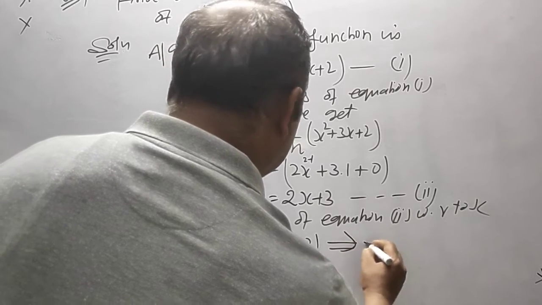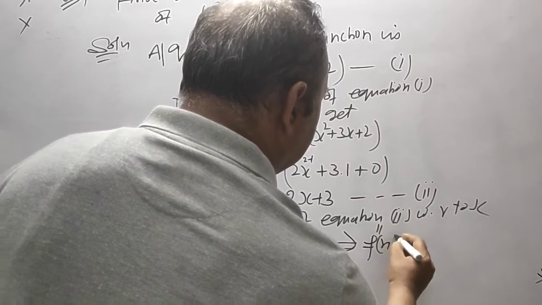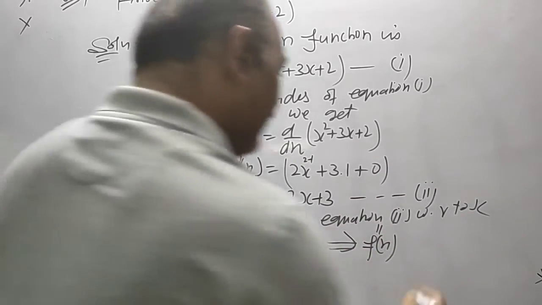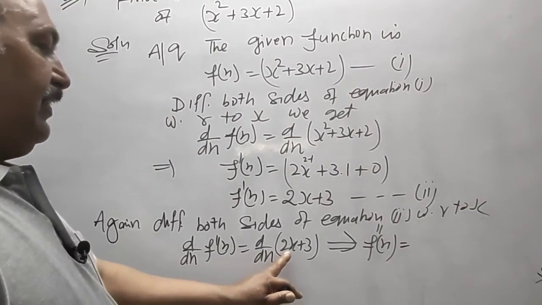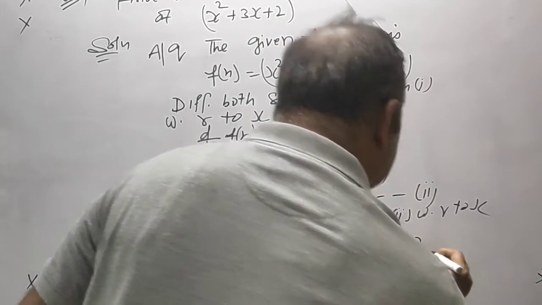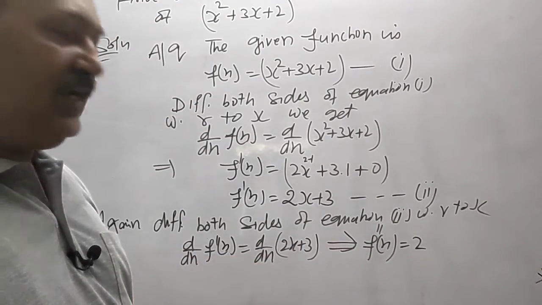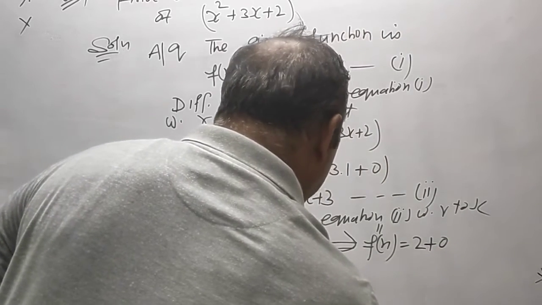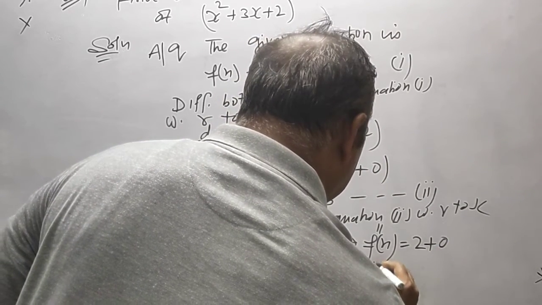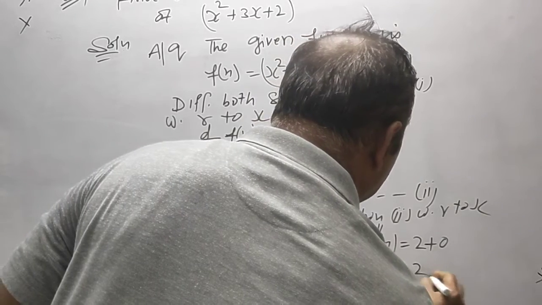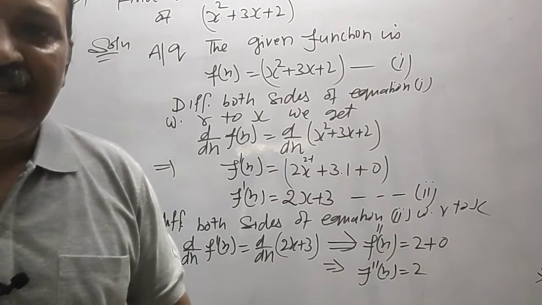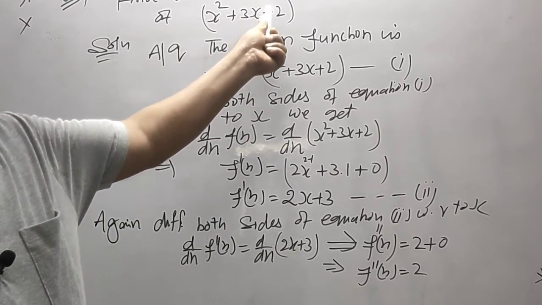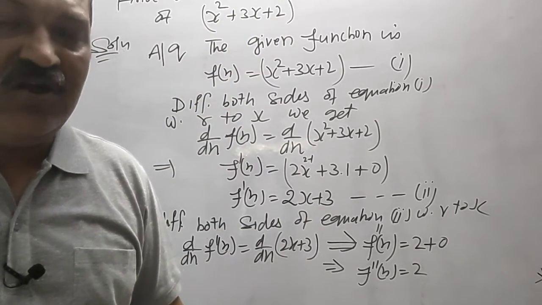This implies f double dash x, derivative of f dash x becomes f double dash x, that is equal to derivative of 2x is 2, x का derivative 1, 2 is constant outside, and plus derivative of constant 3 is 0. Therefore, the answer is f double dash x is equal to 2. This is the answer of this question, and this is the second order derivative of the given function x square plus 3x plus 2. That's all.